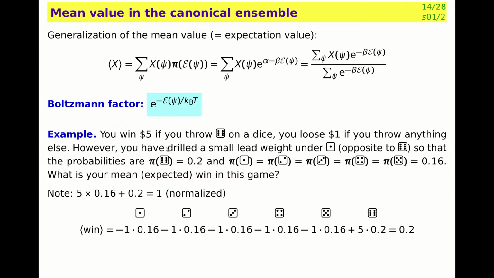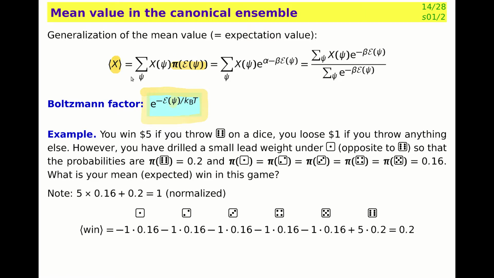So let's return back to the canonical ensemble. At this moment, we know that the probability of finding a system in state psi is proportional to this so-called Boltzmann factor. It's not normalized here. If we have a normalized probability, we can express the mean value, also called the expectation value, of any quantity x, as this weighted sum.